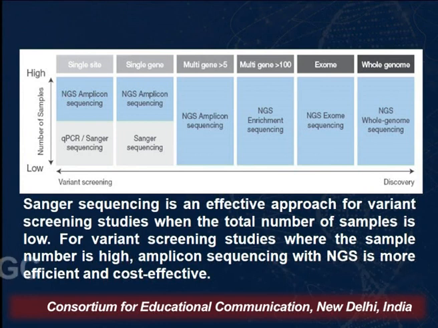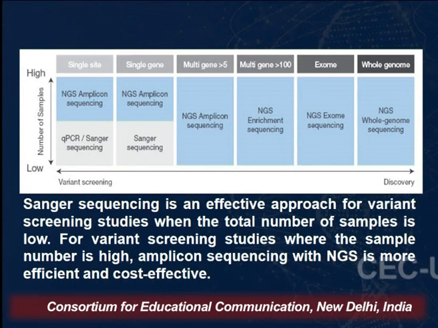So this again tells you how to choose between Sanger sequencing and the next generation sequencing method. If you are looking for variants in a very small number of samples, you can see vertically the resolution goes from low to high, and on the horizontal axis it goes from variant screening to discovery power.